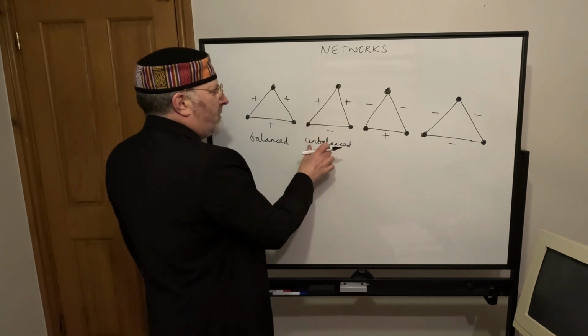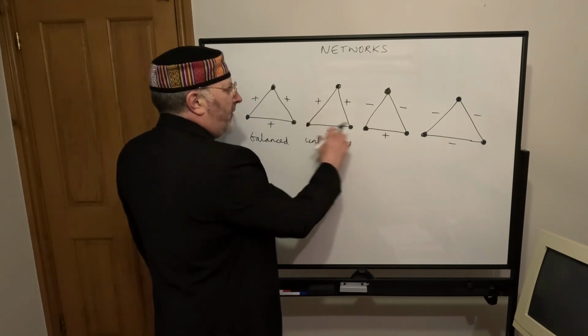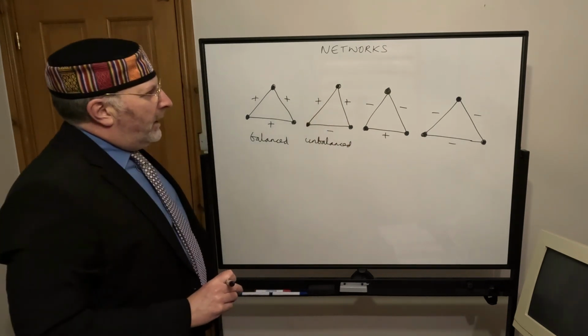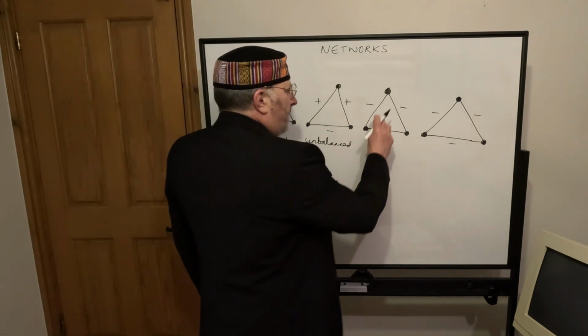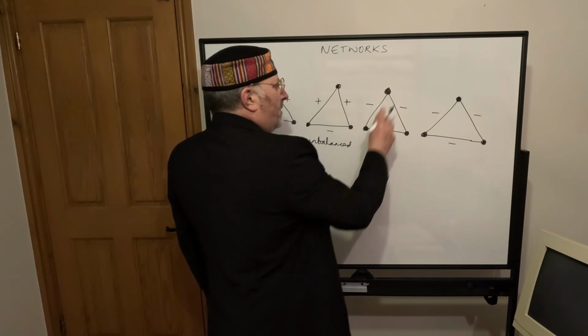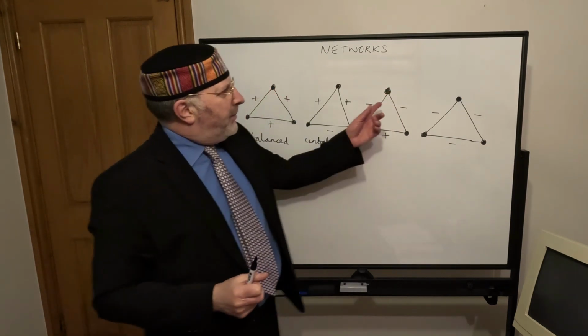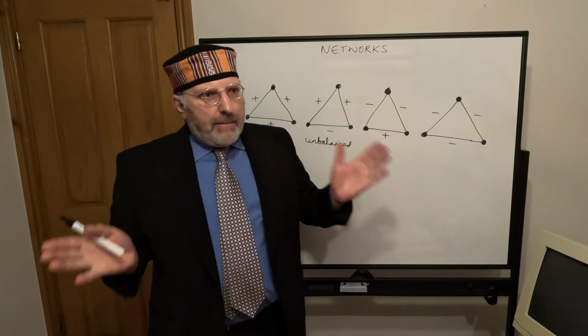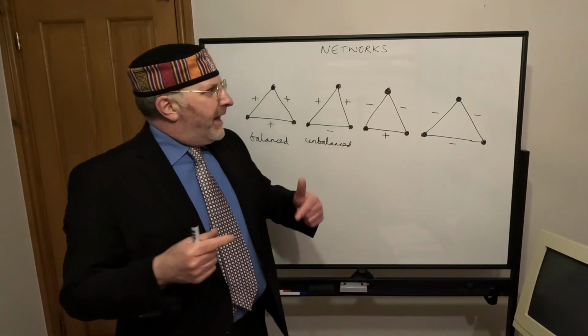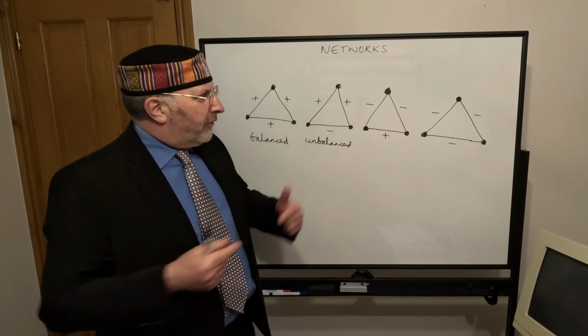So those two relationships are friendly, but that one is unfriendly. And then this, where two people, so when one person has two people who are enemies and they are friendly with each other, that is fine.